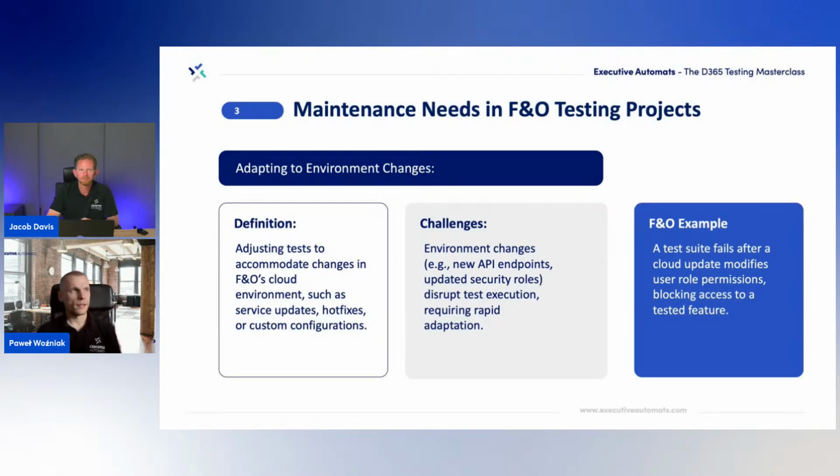We had this kind of situation, at least in my experience inside Dynamics 365. But this is quite a good example to picture what kind of changes it can be. It can be a change to the permissions, which may fail every test case that we had, and it may require us to do something about it.